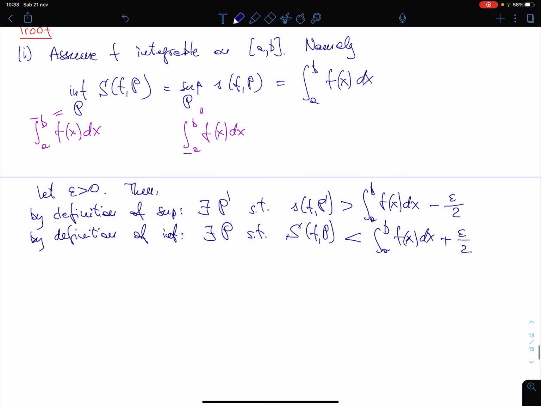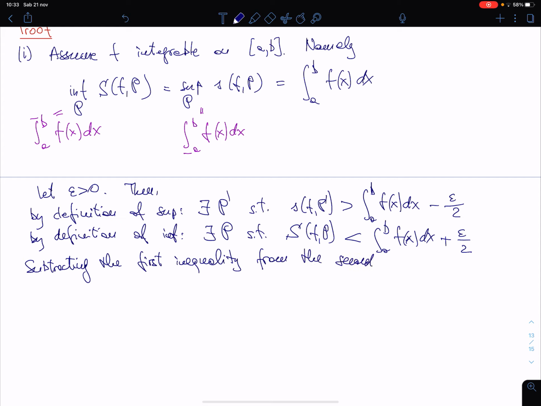So now subtracting the first inequality from the second, so these are the two inequalities I am considering. I do the second one minus the first one. This is important in order to have the same inequality direction. This is minor, this is major, so I cannot sum up.